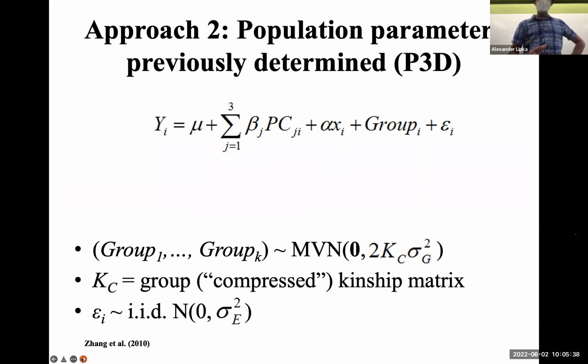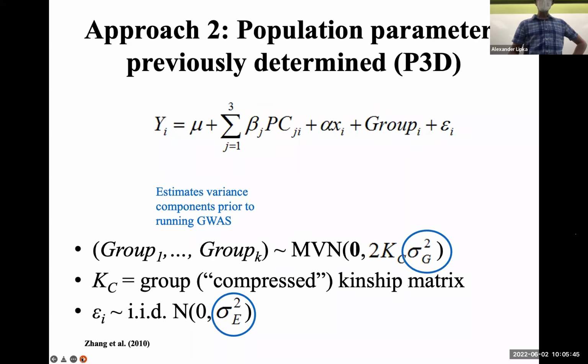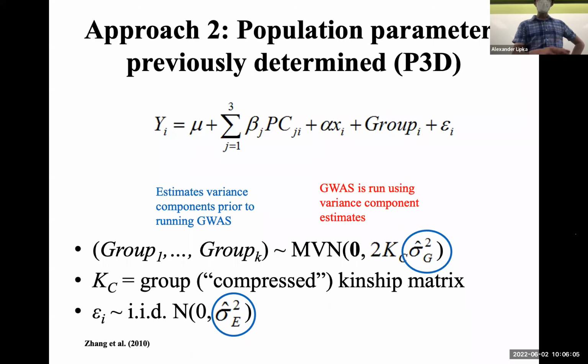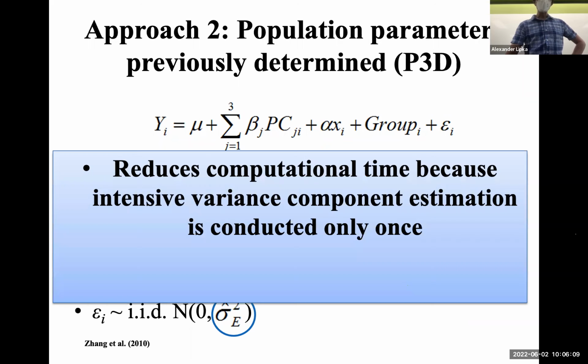Another approach is population parameters previously determined, P3D, or something very similar, EMMAX. What you do here is estimate your variance components prior to running GWAS. So essentially you'll fit this model without the alpha x_i term, okay? You'll estimate your random effects for your groups and your random effects for error, and then you conduct your GWAS using the variance component estimates, okay?